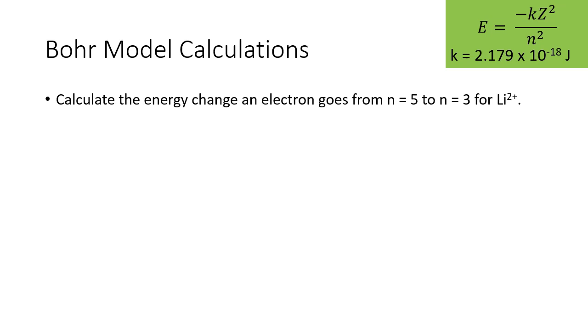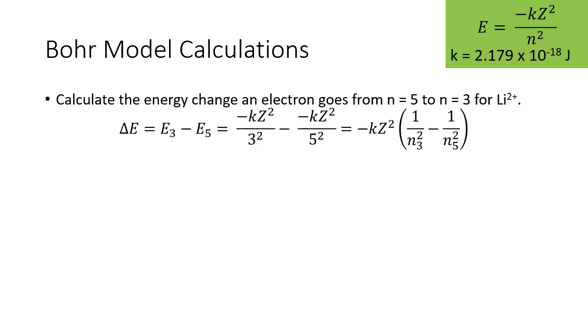For any type of change, we always go final minus initial. So the change in energy is going from 5 to 3. We can plug in values, and then we realize that we can pull out a negative kz squared from that equation. We get negative kz squared times 1 over n3 squared minus 1 over n5 squared.